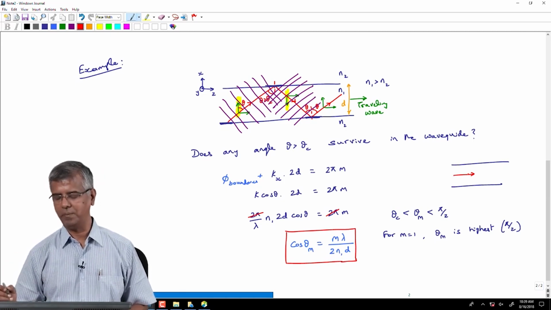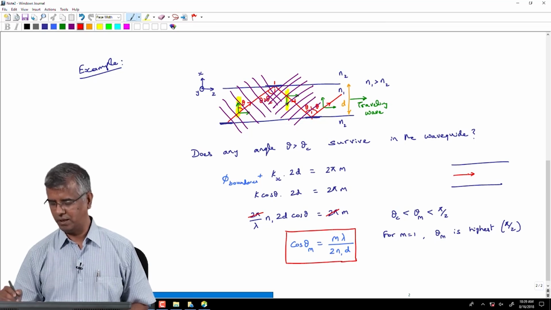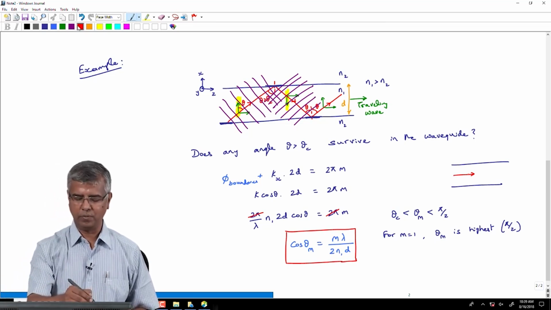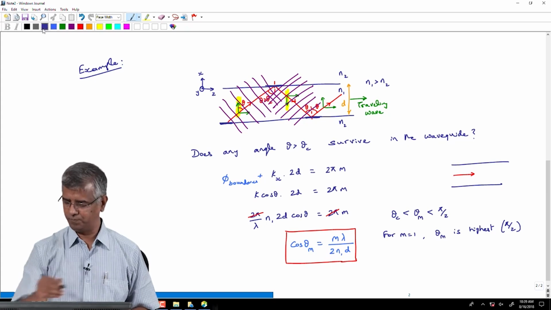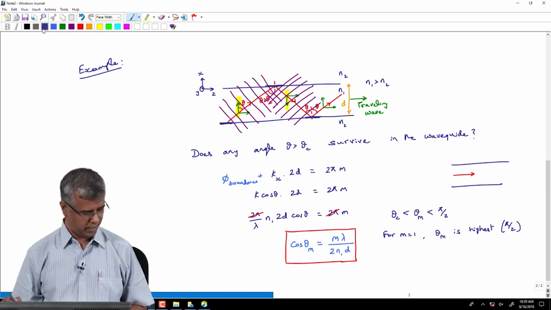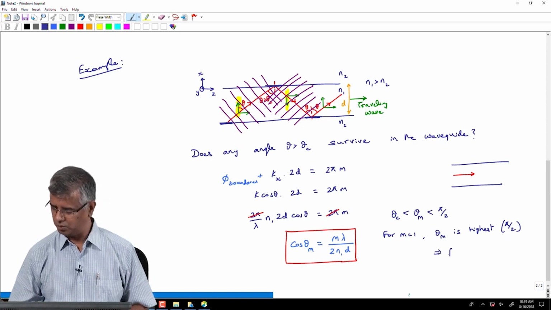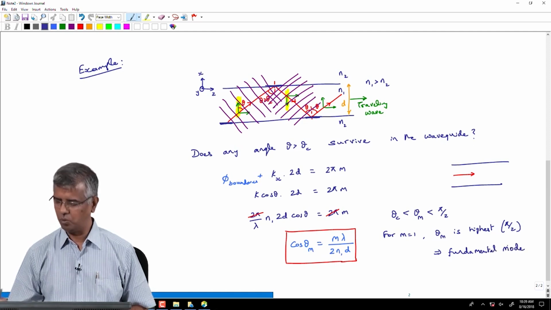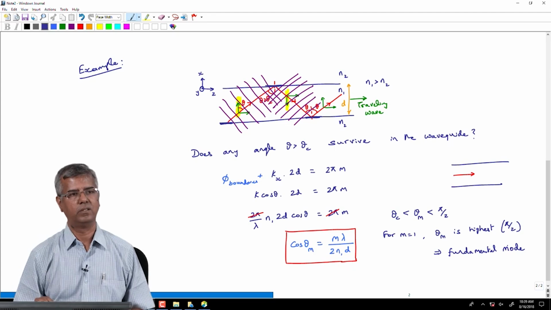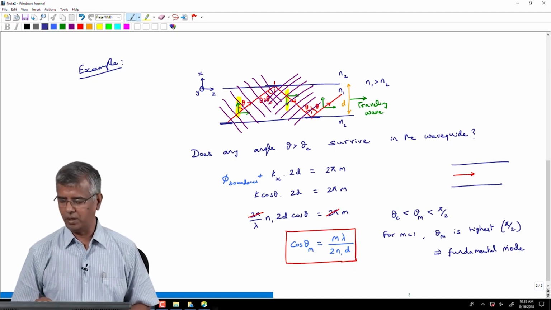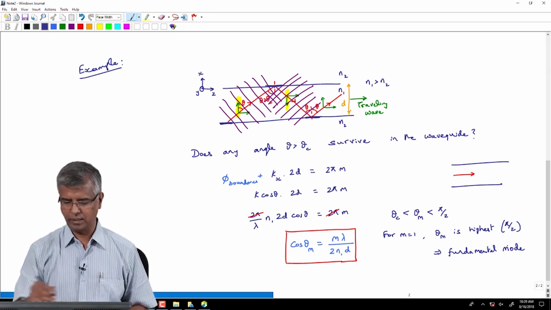So, for m equal to 1, where you are going straight down the waveguide, that will correspond to what is called the fundamental mode of the waveguide, okay.